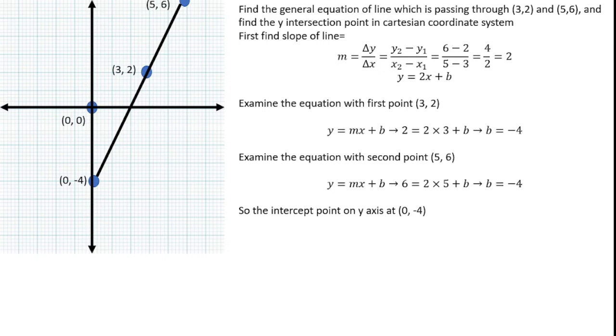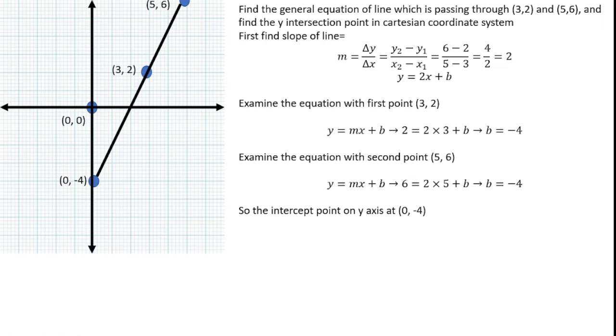So y2 is equal to 6, so I substitute 6 in place of y2. After that, y1 is 2, so I replace y1 with 2. Here 6 minus 2 is equal to 4. After that, what about x2 and x1?